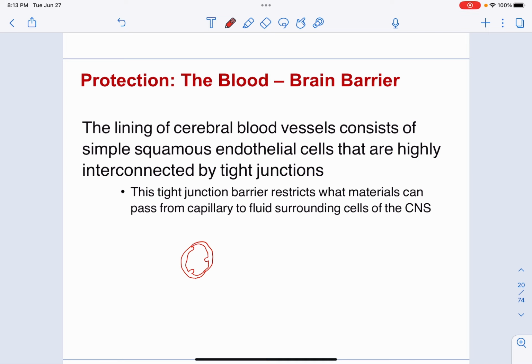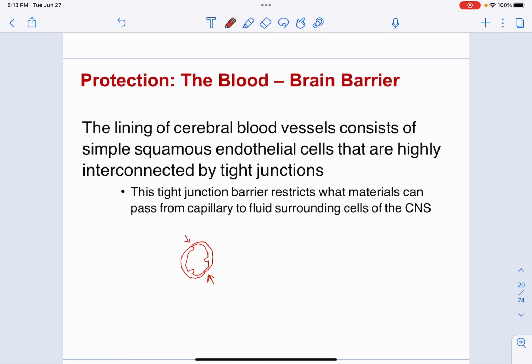There's going to be a tight junction between the two cells. And there's tight junctions there because this is a source where you can get a lot of stuff either going in or coming out. And we rely on that in most places of the body to exchange nutrients and waste.